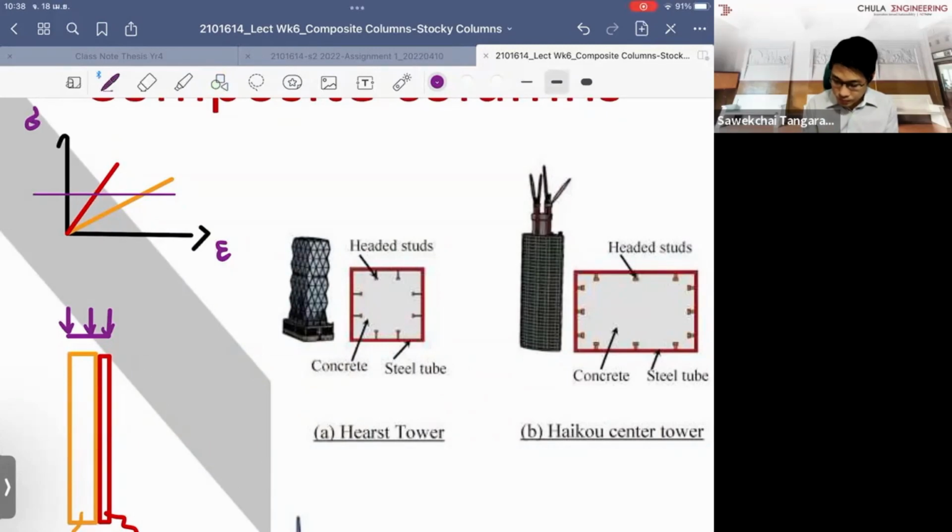Stress is the force per unit area, so it gives the same value of the stress which is applied on top of the columns.